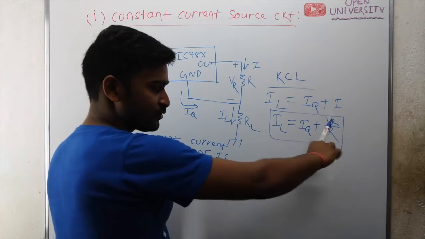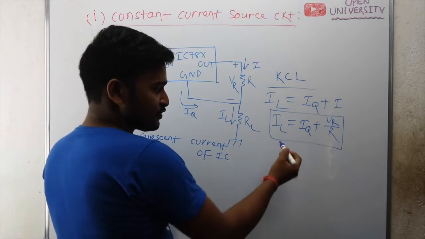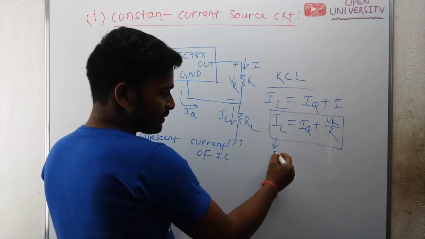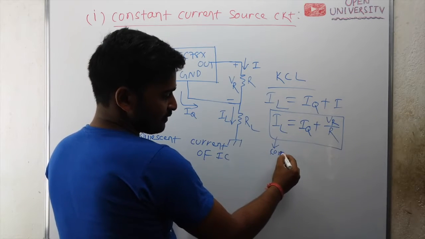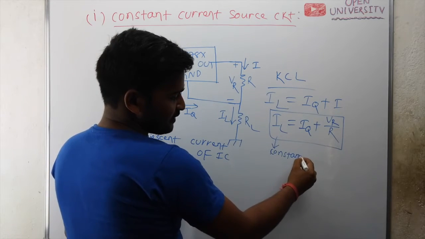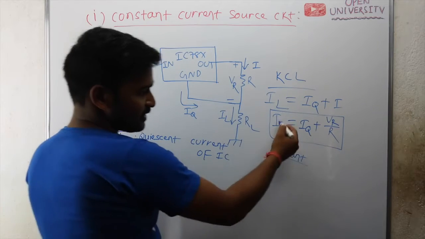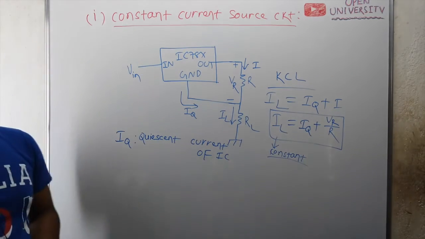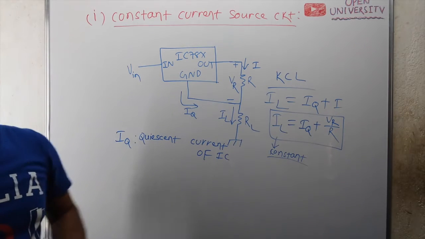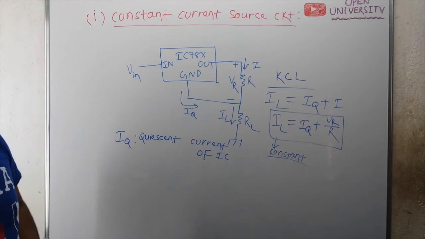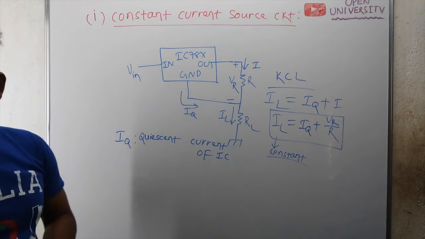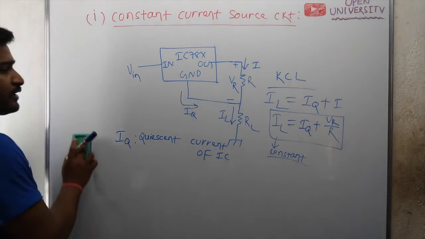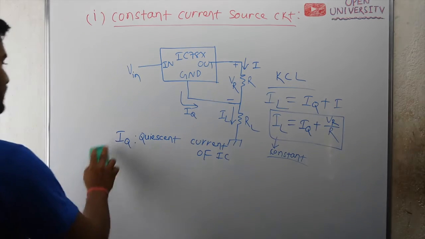Since all these values are constant, your load current will be constant. So this circuit will provide a constant output current to the load. Remember this formula, load current equal to quiescent current plus VR by R.